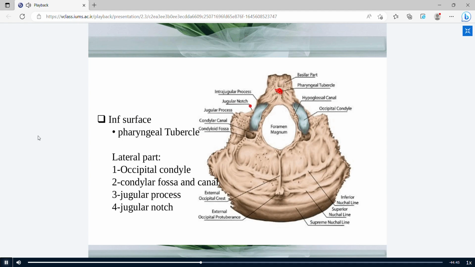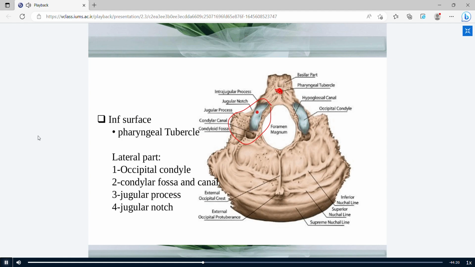This is the lateral part of the occipital bone. In the lateral part, on the external surface, you can see the occipital condyle, the blue part. The occipital condyle is attached to the first cervical vertebra and forms the atlanto-occipital joint.